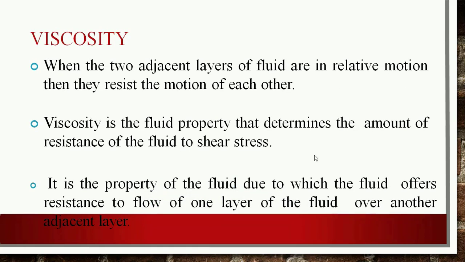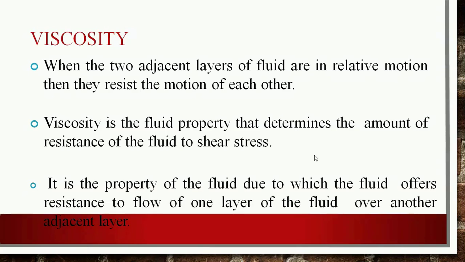The next property of fluid is viscosity. When two adjacent layers of a fluid are in relative motion, they resist the motion of each other. Such a fundamental property of a fluid is known as viscosity.